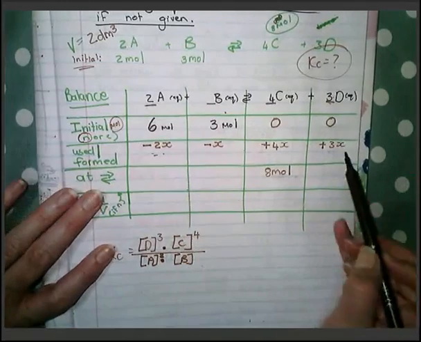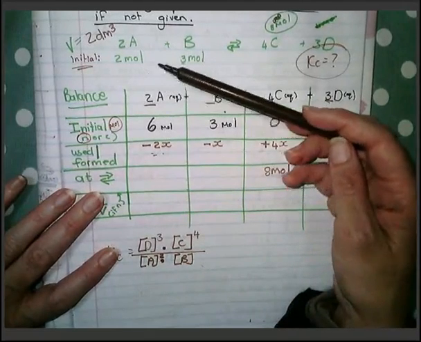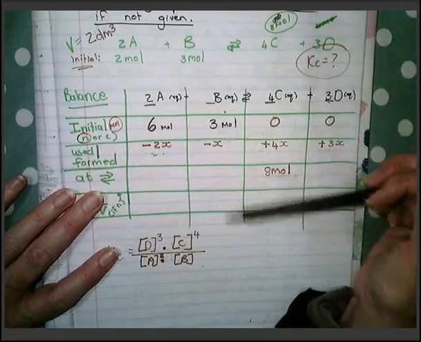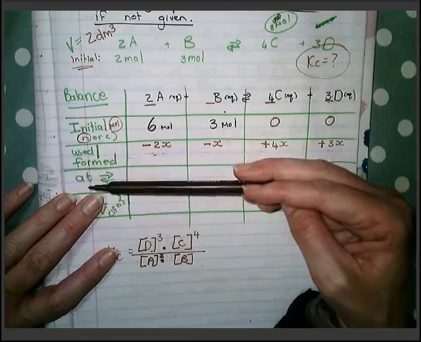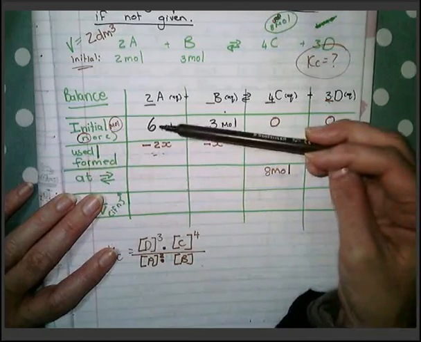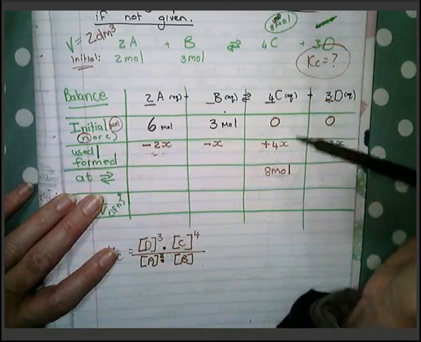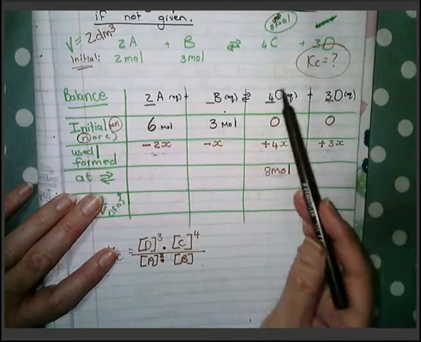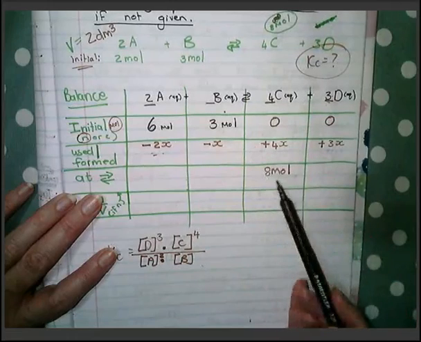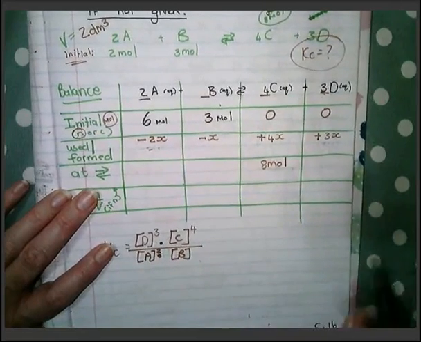After you've written this in terms of X, now you look for a whole column where you have all 3 of these: initial, used or formed, and at equilibrium. We have only 2 there, only 2 there, only 2 there, but we have 3 there. So where you have 3, you make a mathematical expression with that.